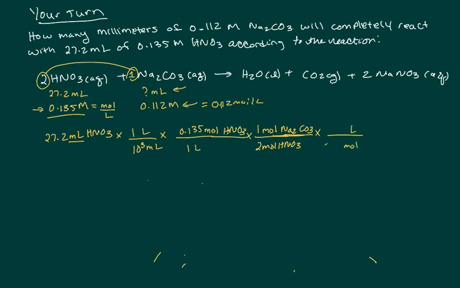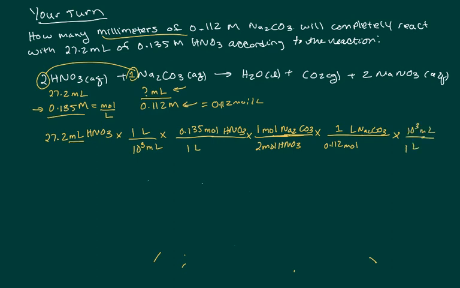And for every 0.112 moles, I have 1 liter of sodium carbonate. Can I stop there? In that case I need to go back and read the question. It says, how many milliliters do I need? So I can just convert this back.